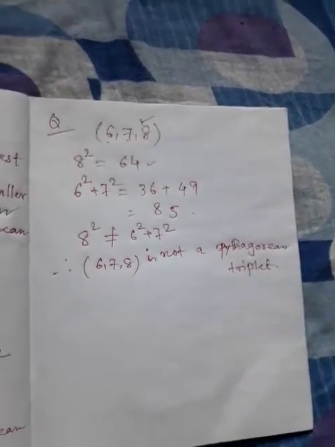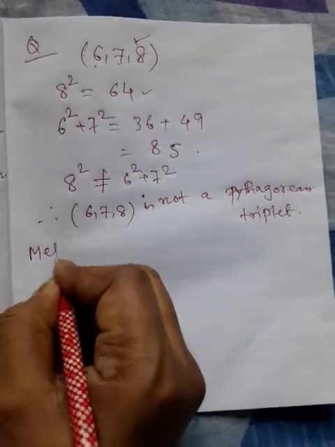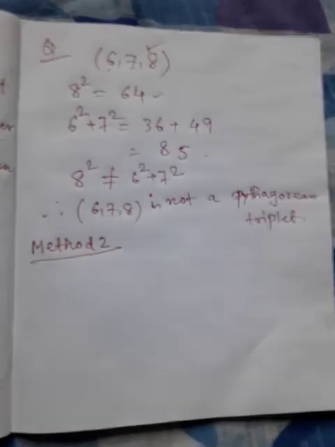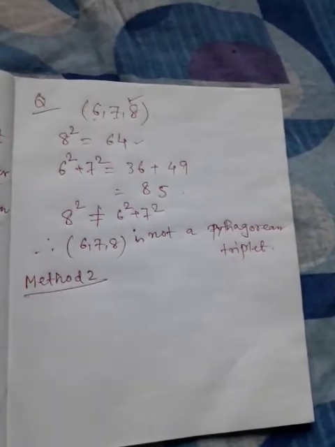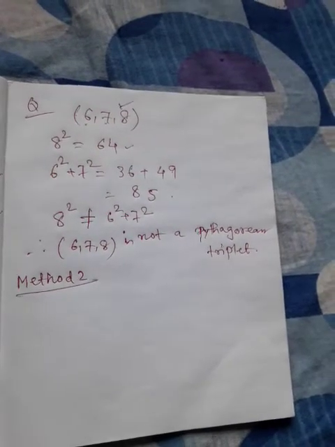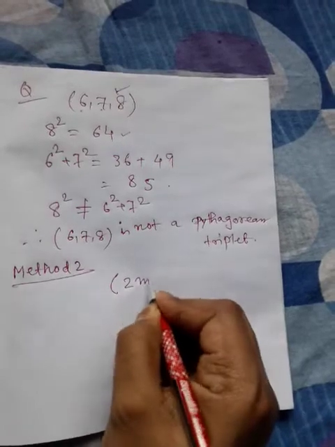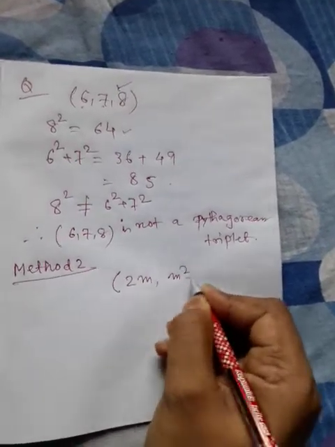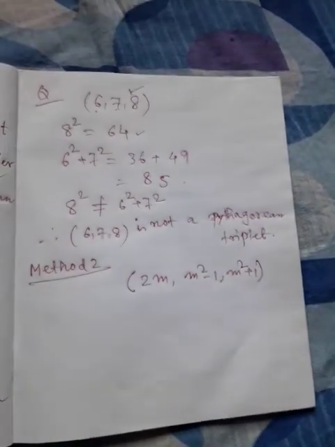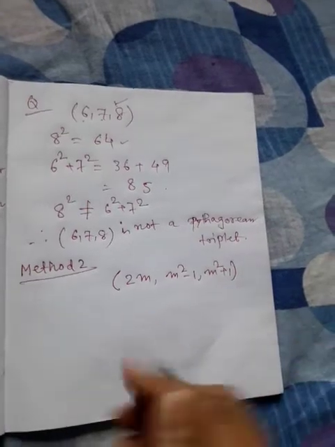Now method 2. What is the method? If we consider 2m, m square minus 1 and m square plus 1. Now what is this? Let me clear. 2m, m square minus 1 and m square plus 1.